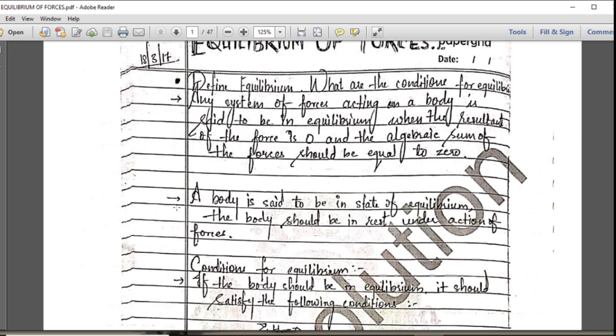Define equilibrium: any system of forces acting on a body is said to be in equilibrium when the resultant force is 0 and the algebraic sum of all the forces is equal to 0. Here you can add that the algebraic moment of all the forces should also be equal to 0.